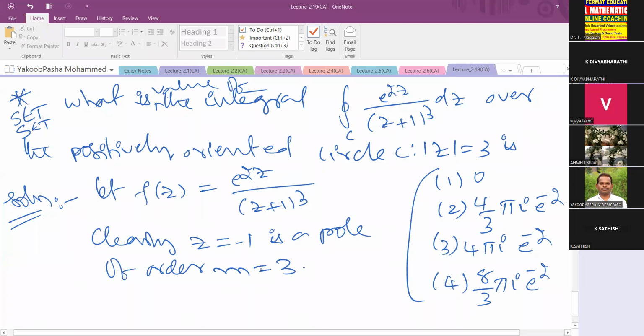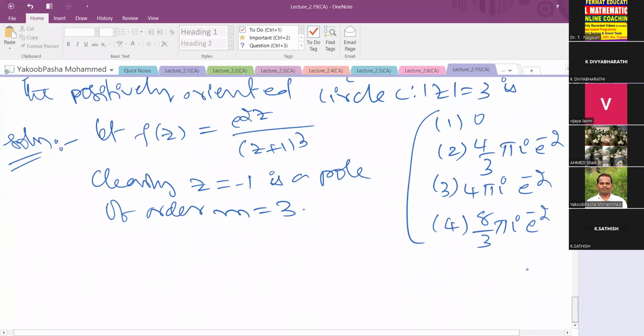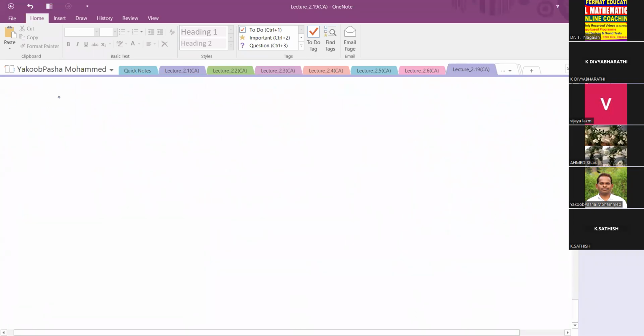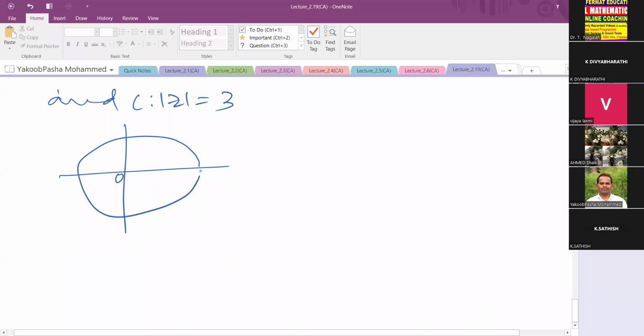The circle C, modulus of z is equal to 3, is a circle with center at origin and radius 3 units.